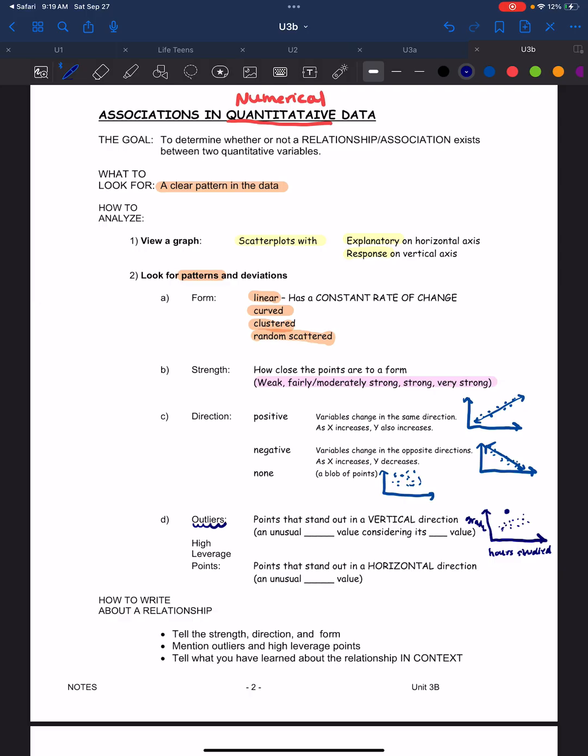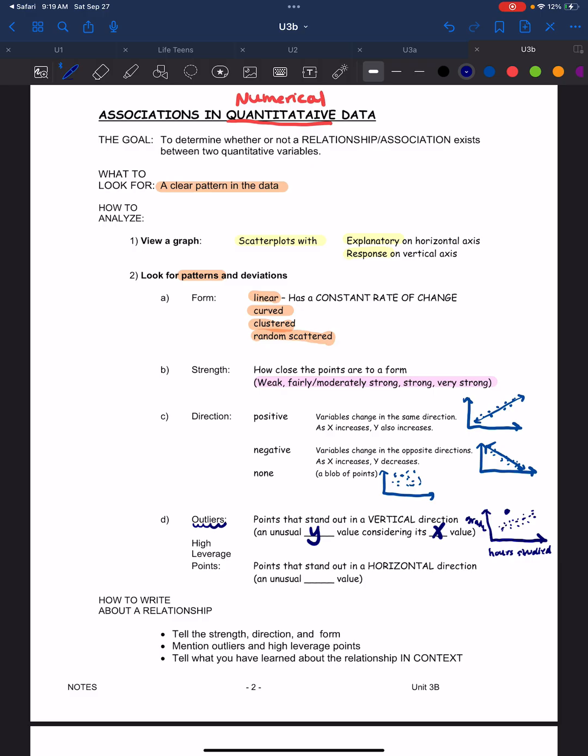You can see there's a trend: as you studied more, you tended to do well. But we have the one person who didn't study very much, but still did really well. We would consider them an outlier. We would say they stand out in the vertical direction. They have an unusual y value considering their x value. You would figure them to have done worse considering they haven't studied very much.